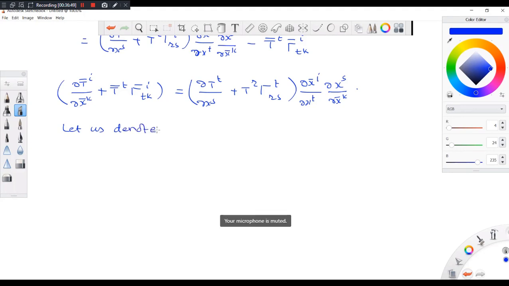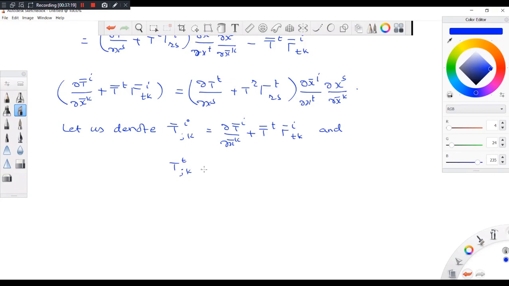Let us denote t bar I semicolon k equal to del t bar I by del x bar k plus t bar t gamma bar I t k and tt semicolon k, that is del tt by del xs plus tr gamma trs.